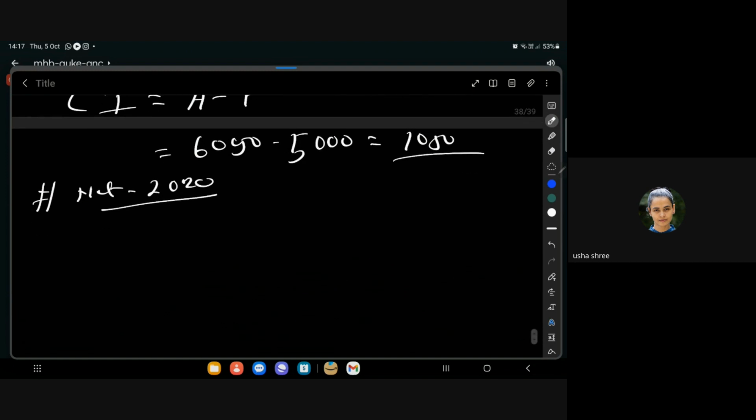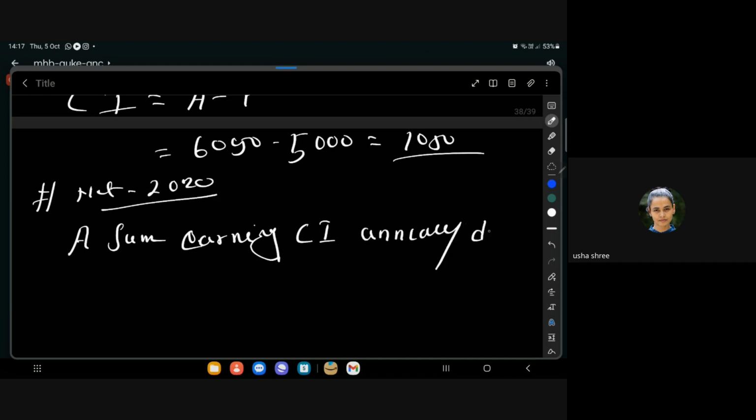Now this came in 2020. This problem was asked in 2020. A sum of money earning CI, compound interest, annually doubles itself after 4 years.